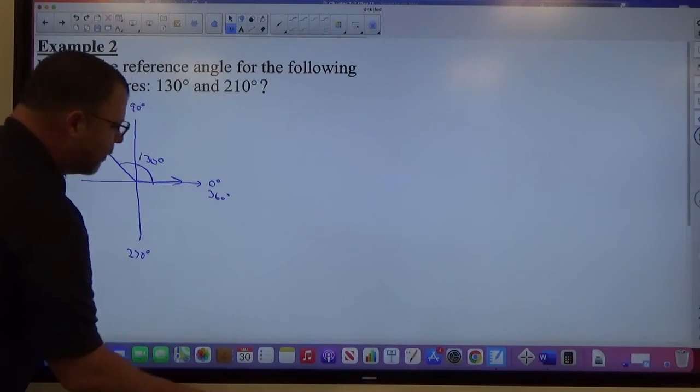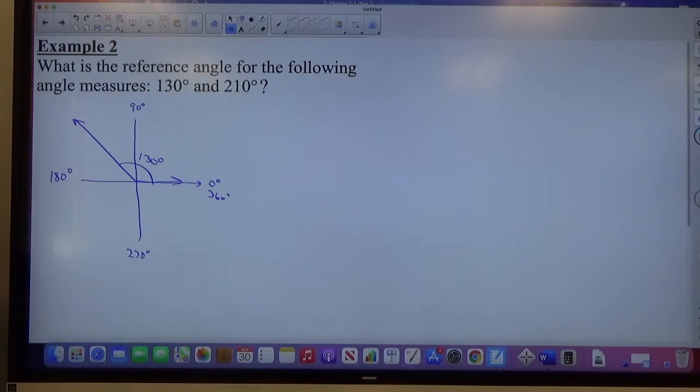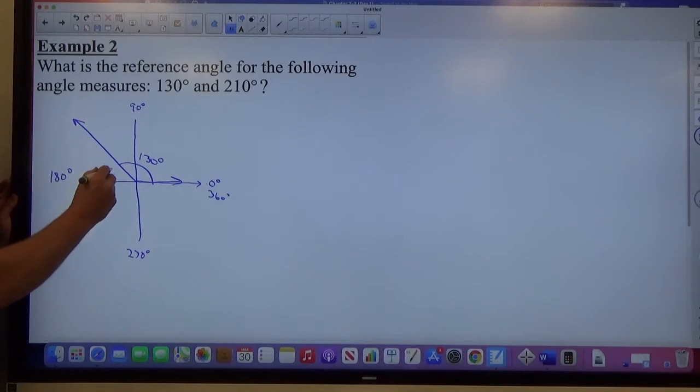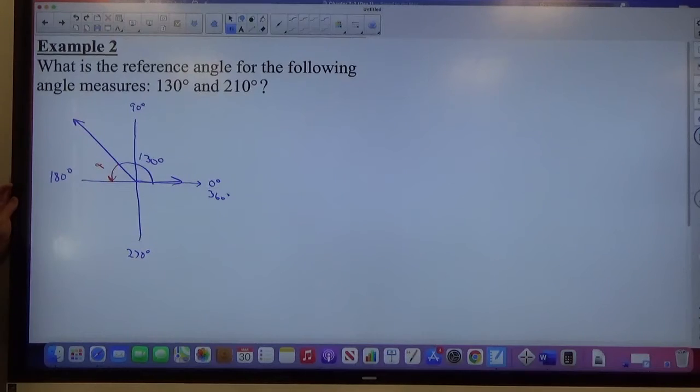The question specifically asked me for the reference angle. The reference angle goes from the terminal side to the nearest x-axis. So right here is my reference angle. Looking at the relationship between the two angles, once again, these two angles make 180 degrees.